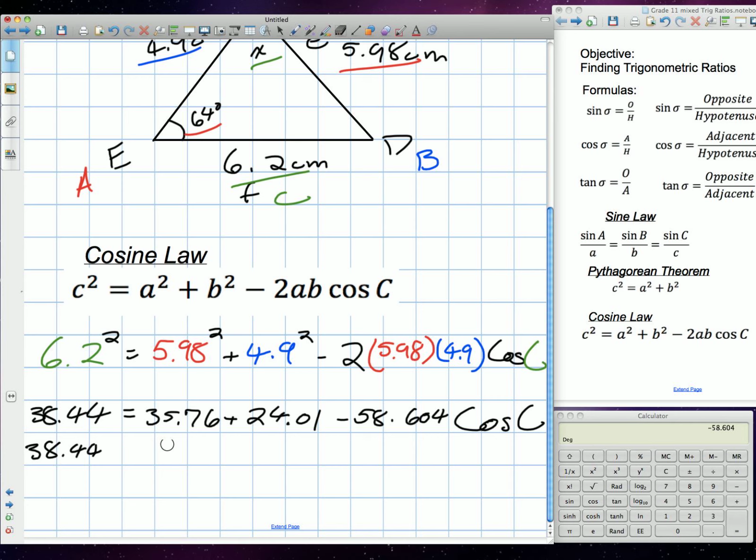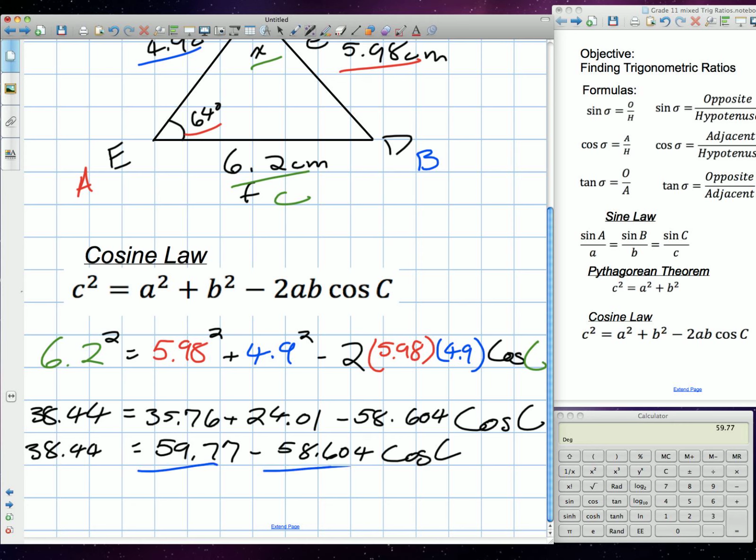We have our 35.76 plus 24.01, 59.77. Subtract 58.604, cos C. Now remember, again, I can't stress this enough, do not subtract these two numbers.